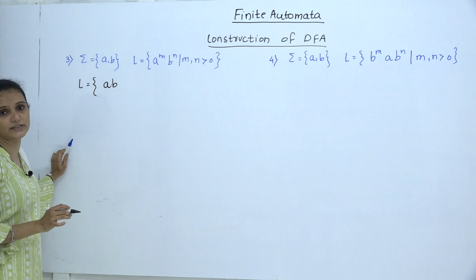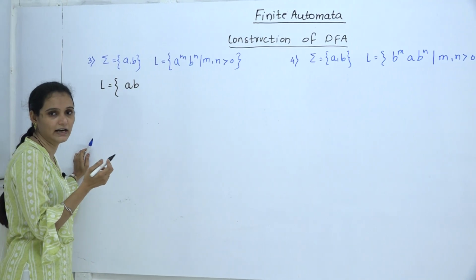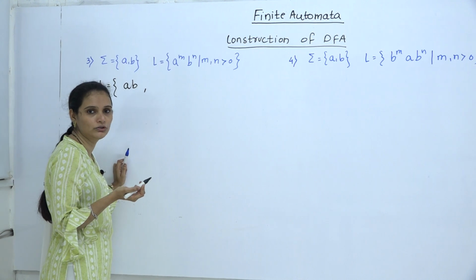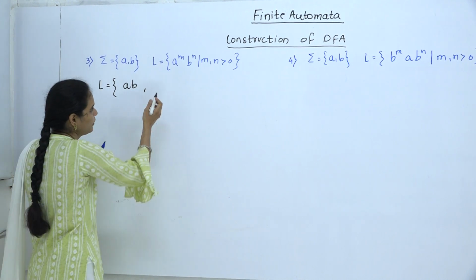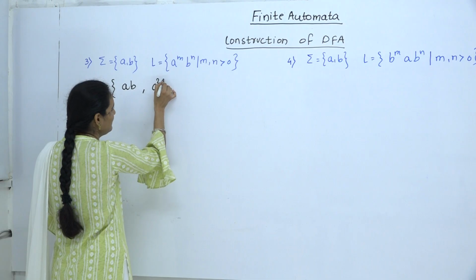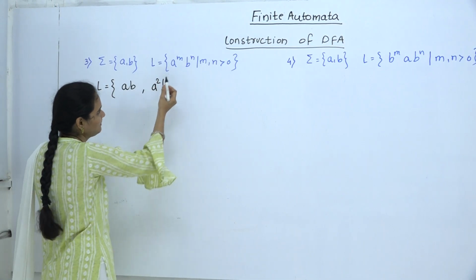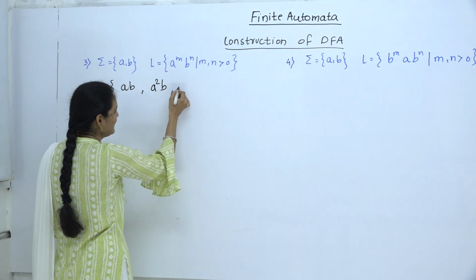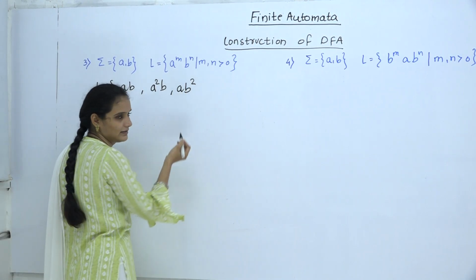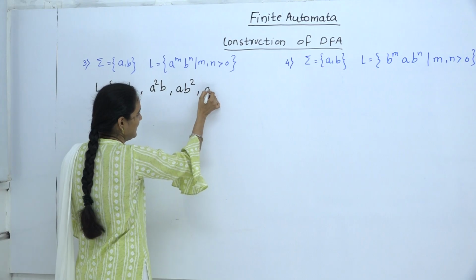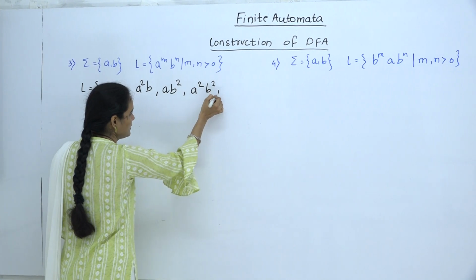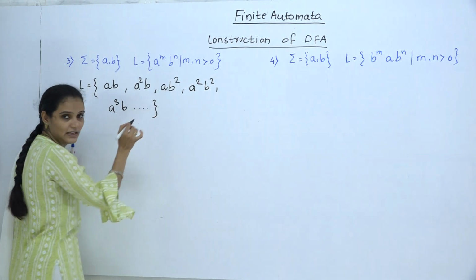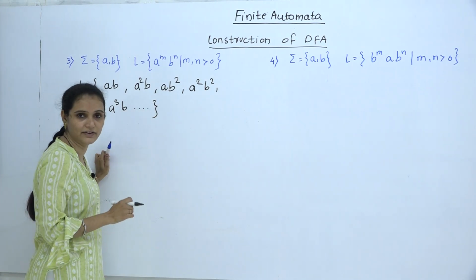Two different constants are used, m and n, so the values of both can be different. So a square b will also be accepted, with m equal to 2 and n equal to 1. Similarly ab square is also accepted, and a square b square. These are some kinds of strings accepted in our given language.